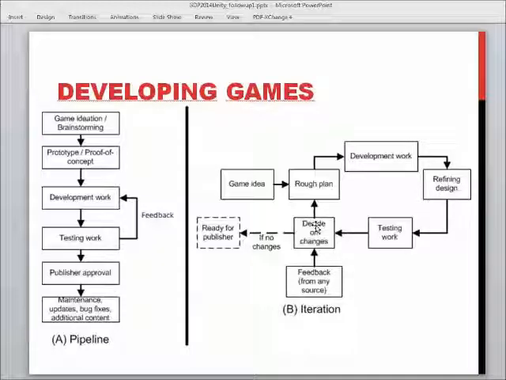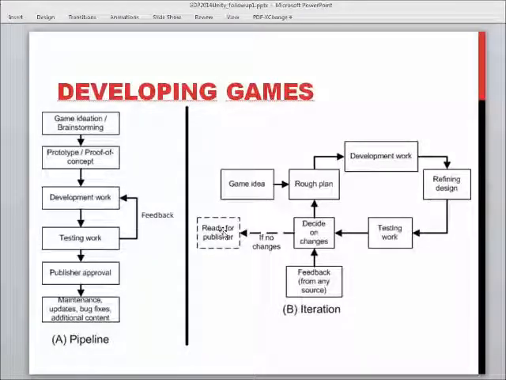If they get feedback which indicates that no changes are required, or for example, a publisher comes in and says, okay, we'll take this into our product portfolio, then they are done with the product.